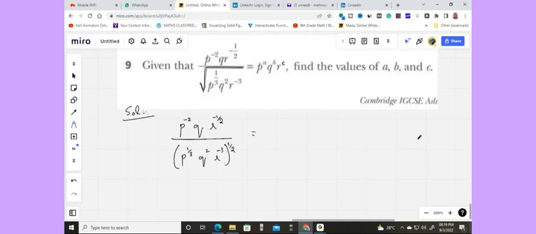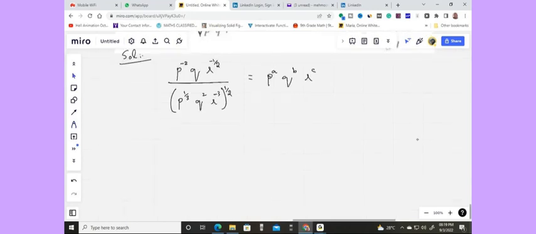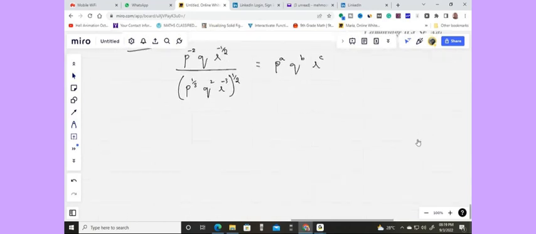Okay, and this is equal to p power a, q power b, r power c. There you go. And then we're trying to solve our left hand side and give it a nice form. So we keep on copying our right hand side as it is.